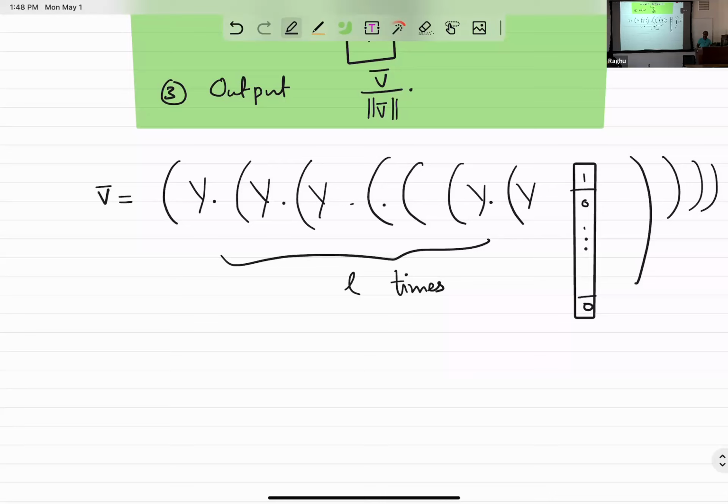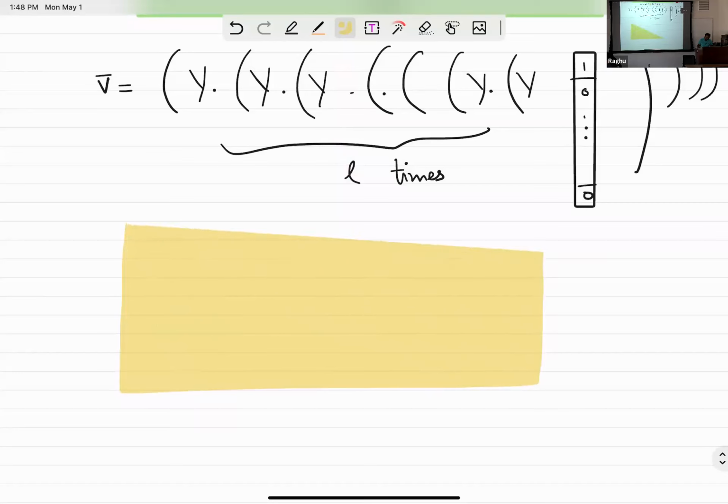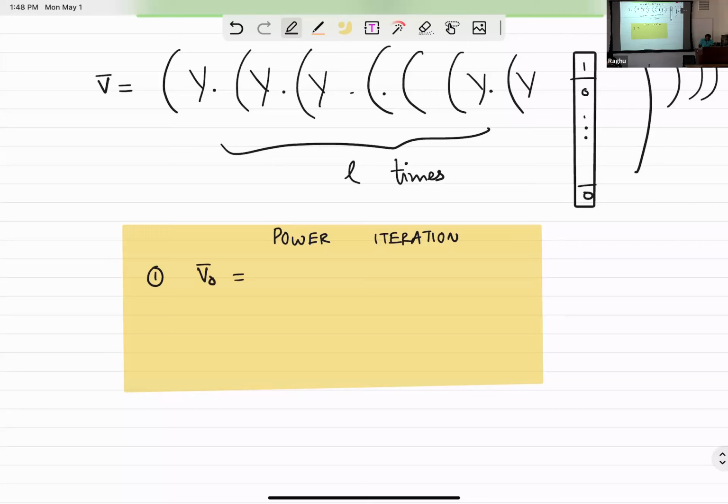Okay. And basically, this is essentially power iteration, right? And a succinct way to write it is as follows. I start with some vector I'll call V0 bar, which is 1 and all zeros. Okay. And then I'm going to do this L times. What am I going to do?